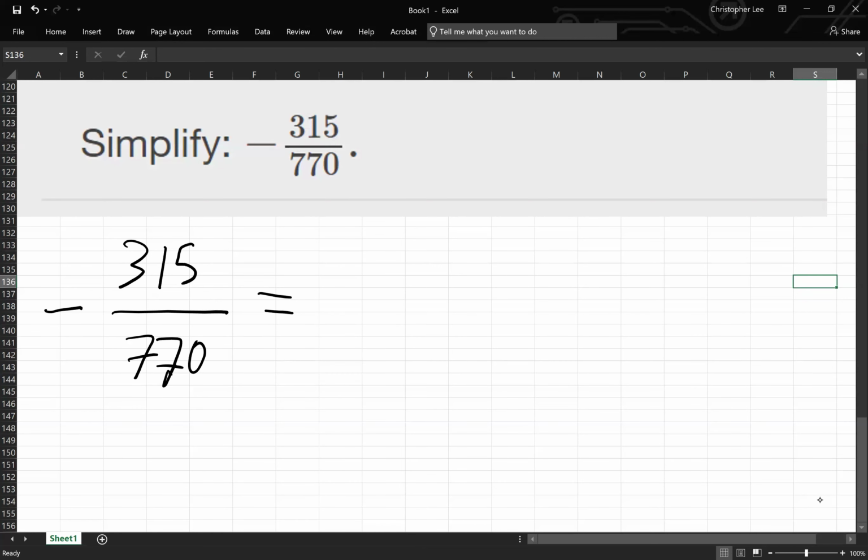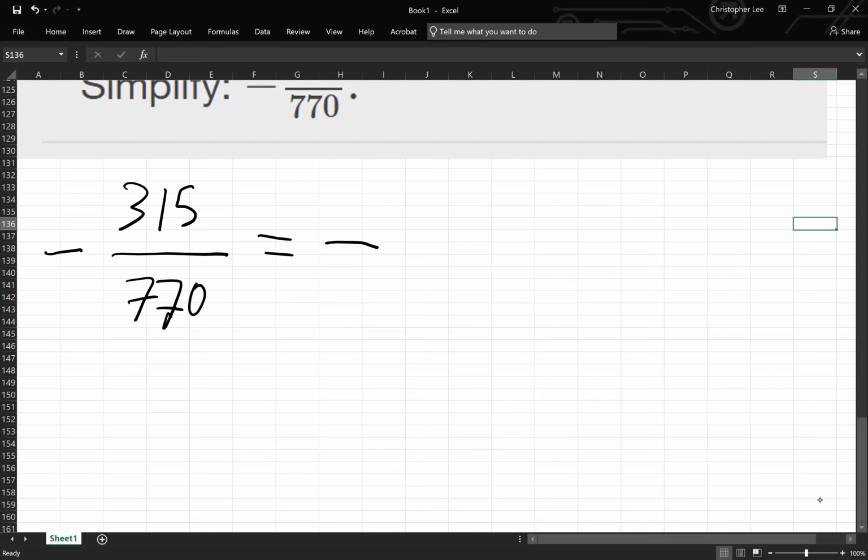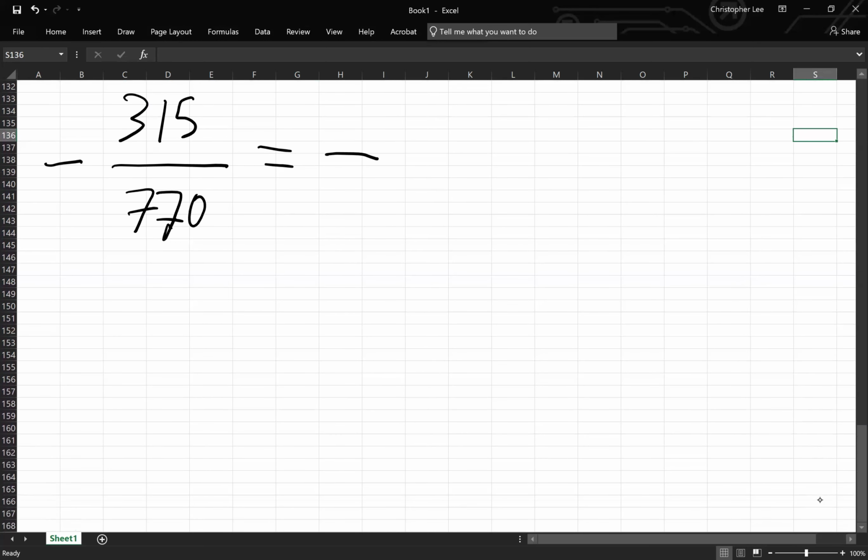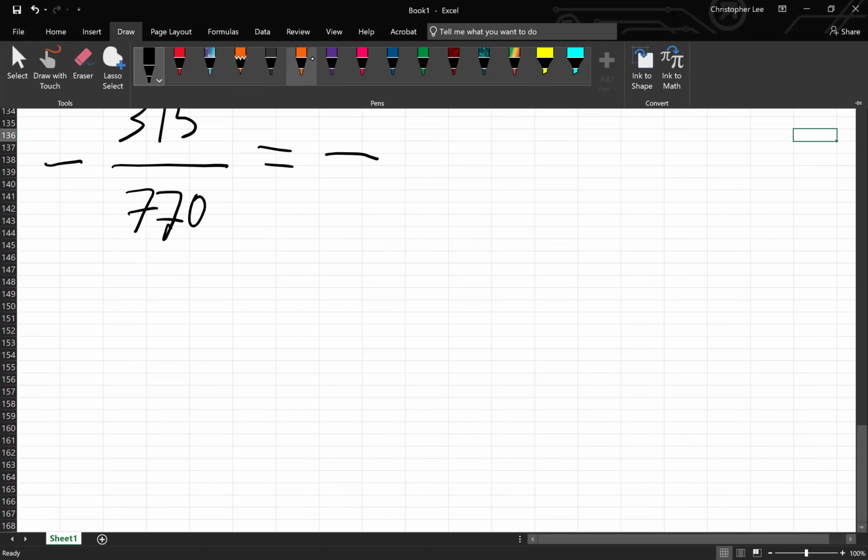I want to break up each one, the numerator and the denominator, individually, and I want to see what numbers multiply to give me each one. What I'm using is something called the fundamental theorem of arithmetic. Prime factorization is another word for it. So let me start off with the 315.